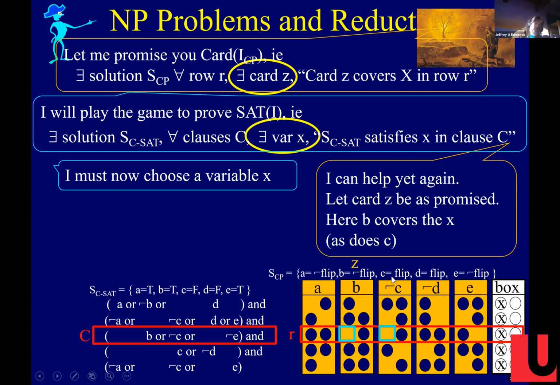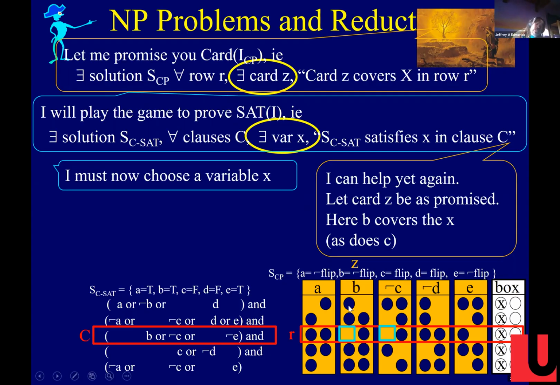Or maybe here's a choice. She had a choice here. Maybe she told us about card C, because card C has been flipped. And when you flip card C, it also covers that X in the row we care about, right? So it happens that she has a choice when she tells us there exists a card C that covers the X. Actually, in this case, there are two cards, right?